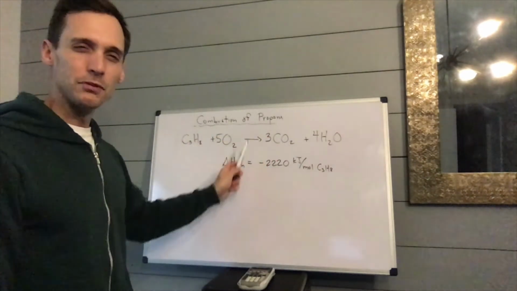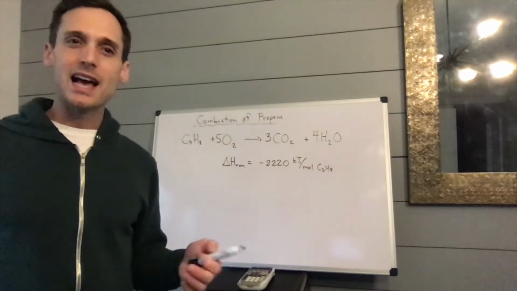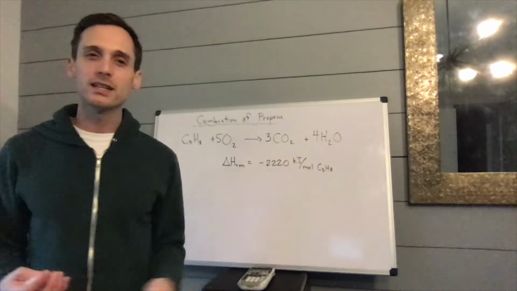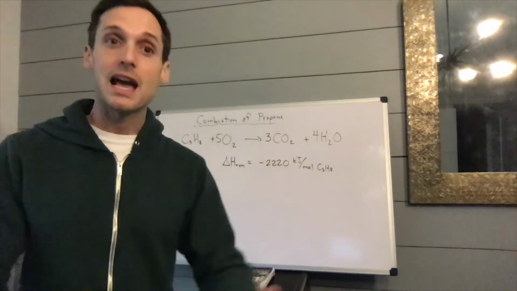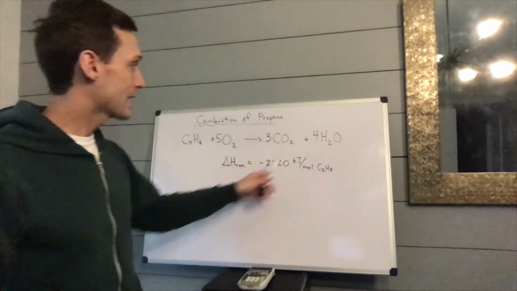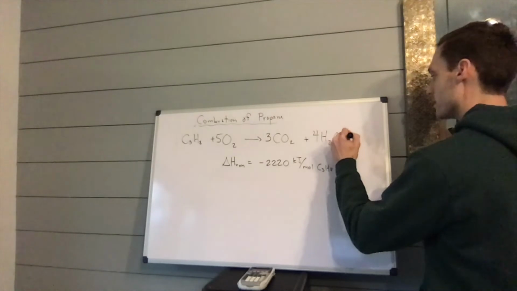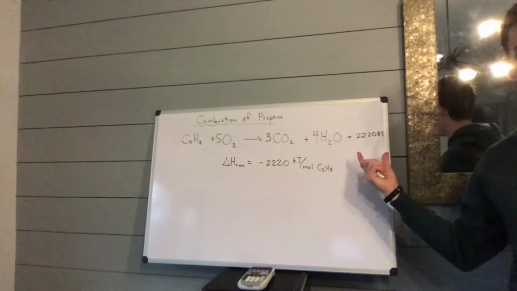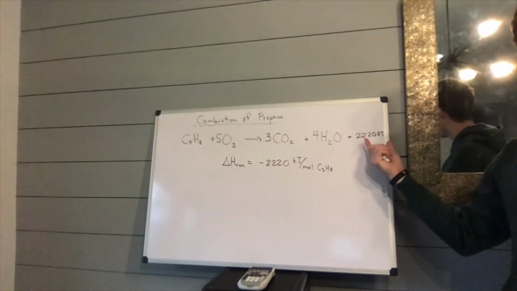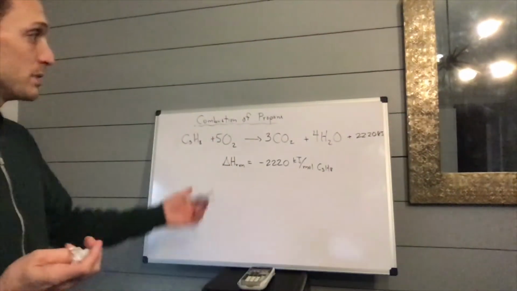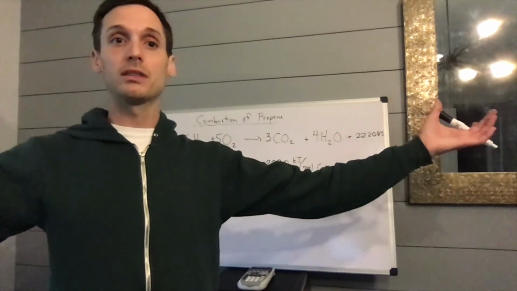Would you put that as a reactant? Would you think of heat as being a reactant going into the reaction? Or would you think about it as a product, the heat coming out of the reaction? Hopefully you see that it would actually be considered basically a product, right? So we could actually just write this as a product and just put plus 2220 kilojoules at the end of our balanced chemical reaction because it's being released with the products.